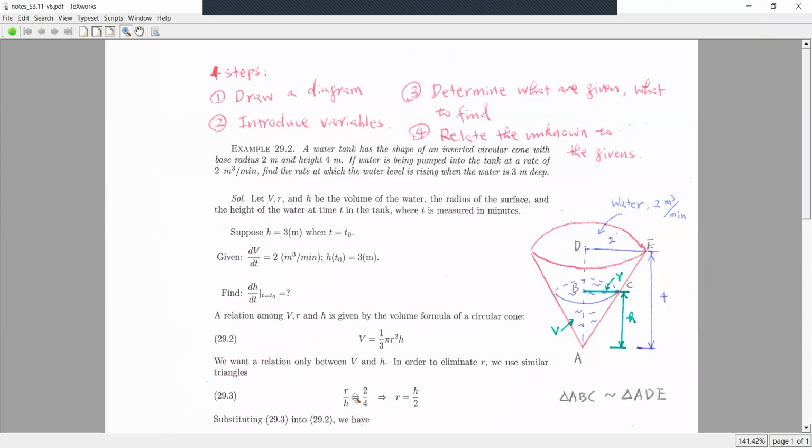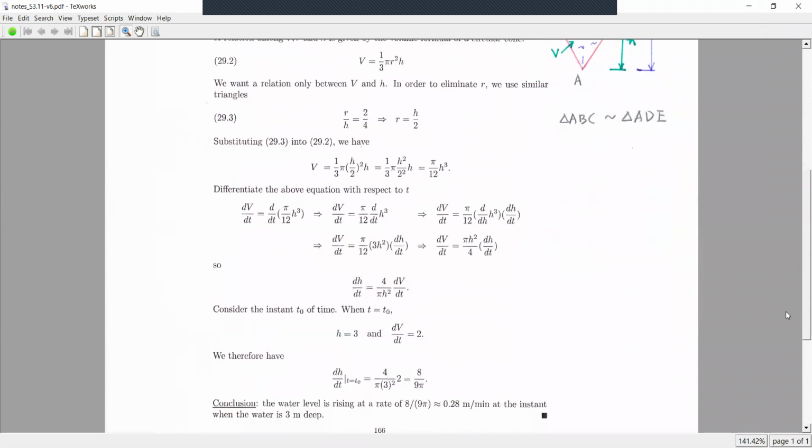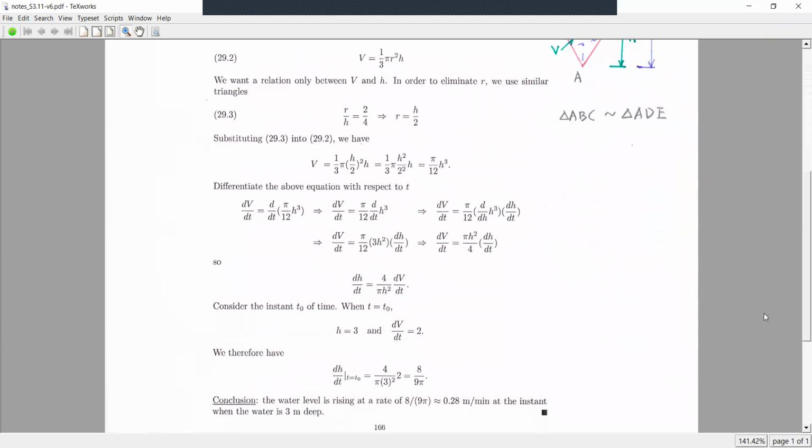From this equation, we have R is H over 2. Plug in H over 2 for R, then R is gone from this equation, and we have a relation only between V and H. The relation is V is equal to pi over 12 times H to the third.